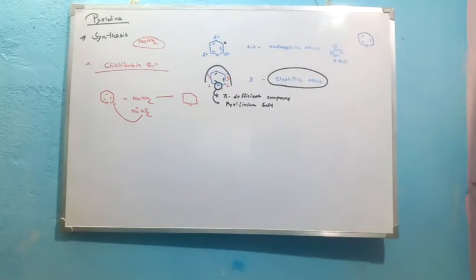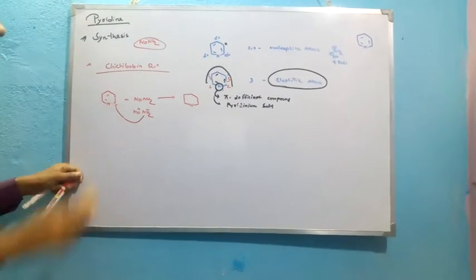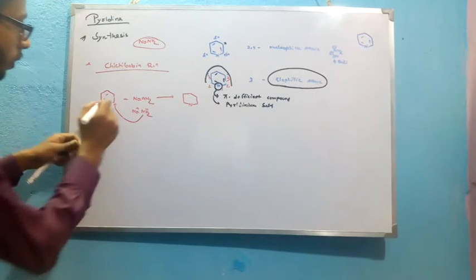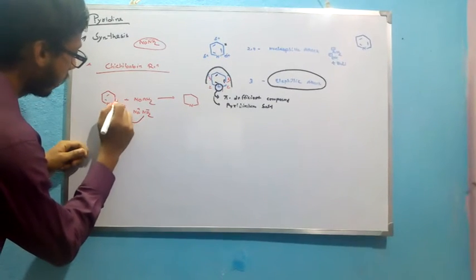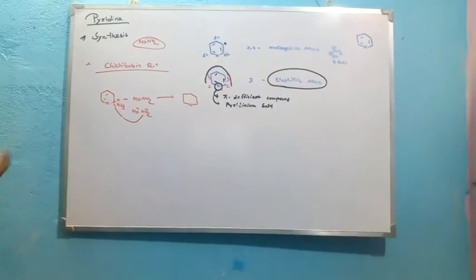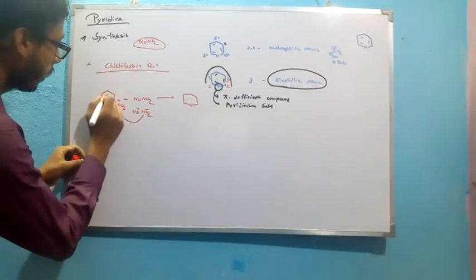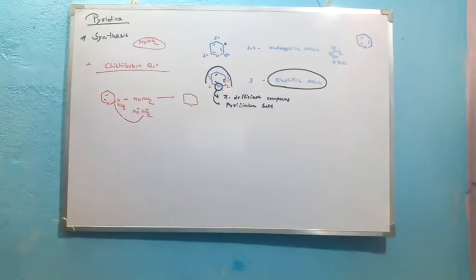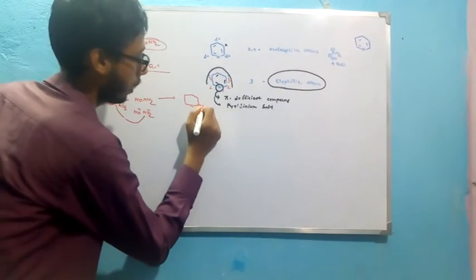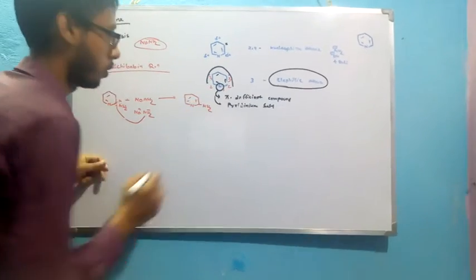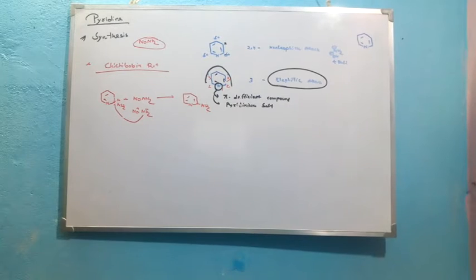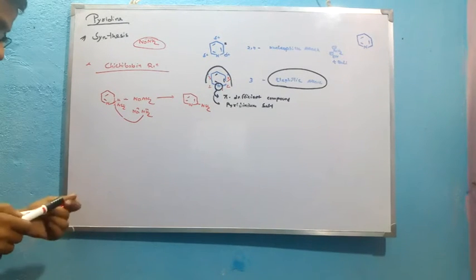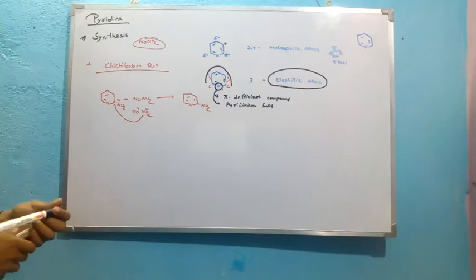So there is attack of the nucleophile NH2, and hydrogen is lost, and rearrangement occurs, and the final compound produced is 2-aminopyridine. And this reaction occurs. What are the reagents in that case?